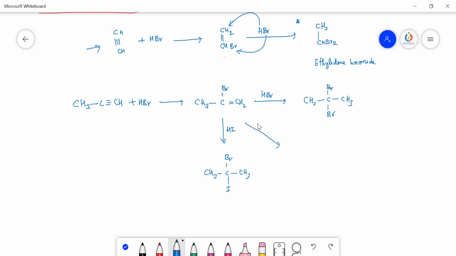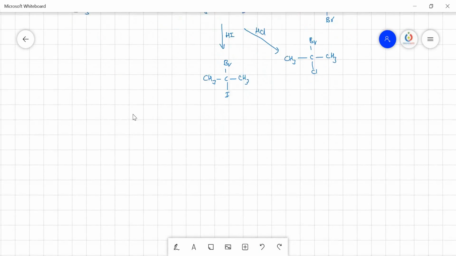And if we add HCl as the next step reagent, then the molecule will be CH3 CBr chlorine CH3. So the pattern and procedure, everything is the same. Now what happens if peroxide is used?